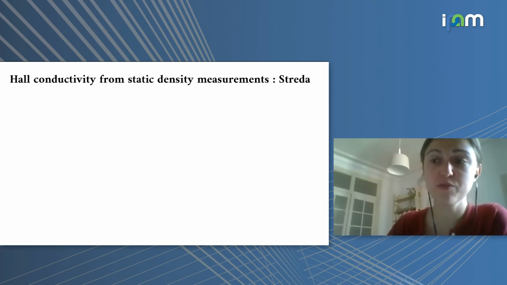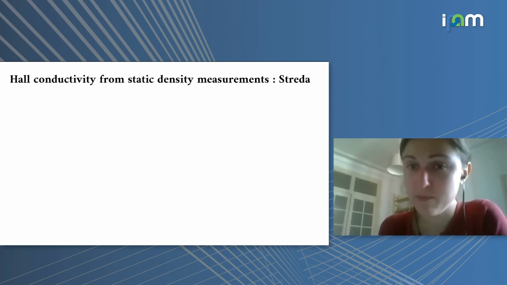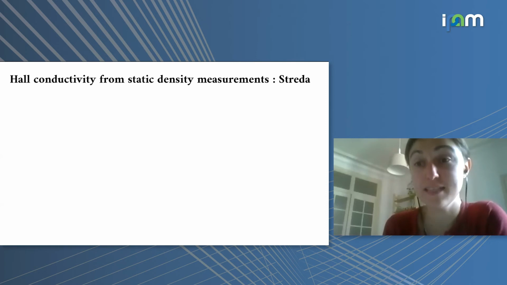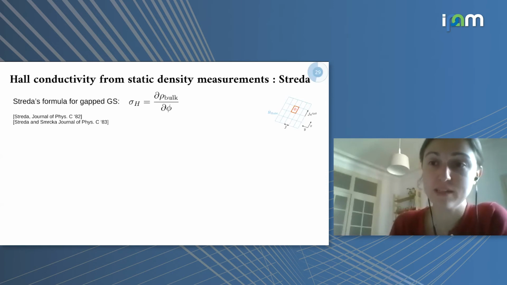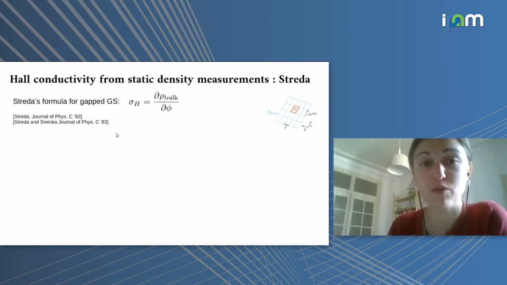So the first protocol that we have in mind is based only on a static measurement of the density, the local density actually, so the density on each site. And it's based on the Streda formula, which tells you that if you have a gapped ground state, then the Hall conductivity is given by the derivative of the density with respect to the magnetic field.